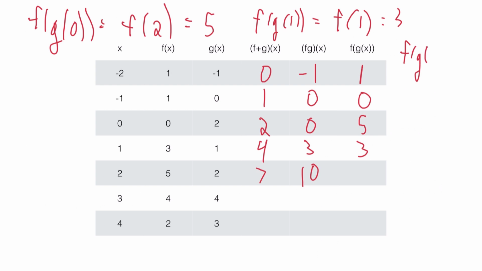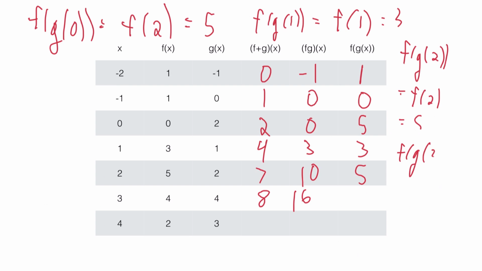F composed with g of 2 is equal to f of 2, so 5. Next row, 4 plus 4 is 8, 4 times 4 is 16.